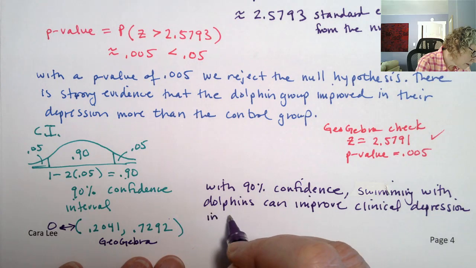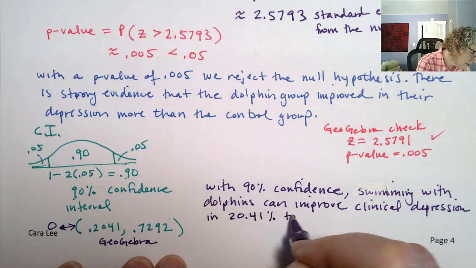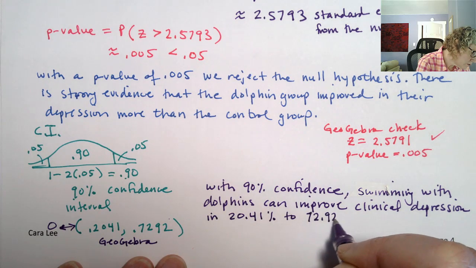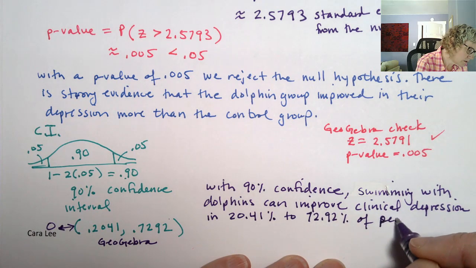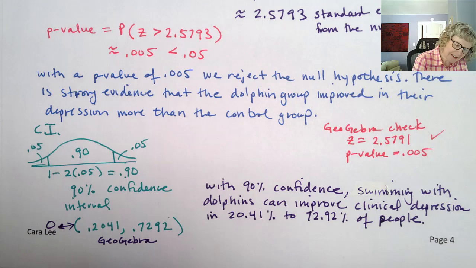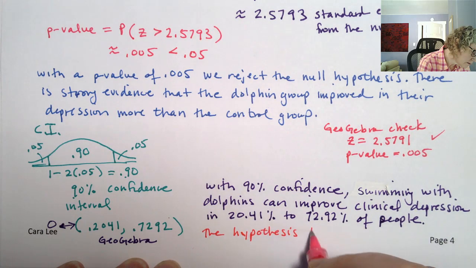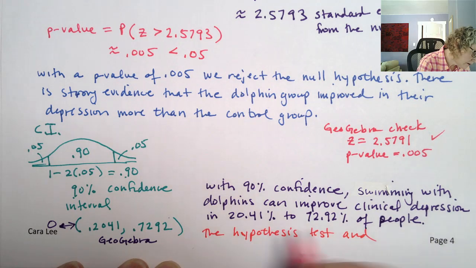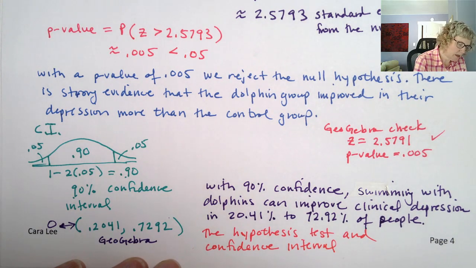In 20.41% to 72.92% of people. I'll have to be very careful when wording these things, right? So in this case, the hypothesis test and confidence interval agree.